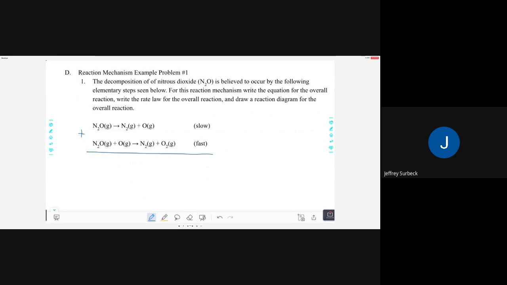The first thing that I recognize that can be crossed out is O for oxygen. It is on the right-hand side of that first equation and the left-hand side of that bottom equation. Now, it is produced in one step and used in a later step, so oxygen is known as an intermediate.